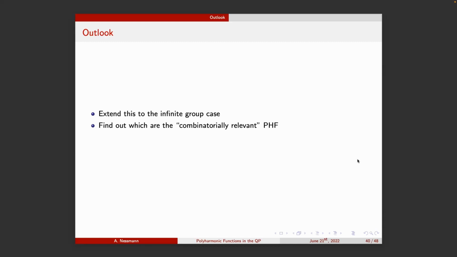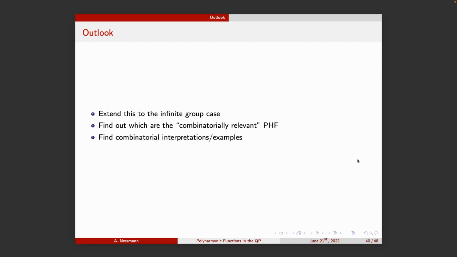So combinatorially, this will be the relevant harmonic function. But for biharmonic functions, for example, we have an infinite number of choices. And that raises the question: which ones could appear in any combinatorial problem? Are there ones which will never naturally appear? Is it always similar ones?